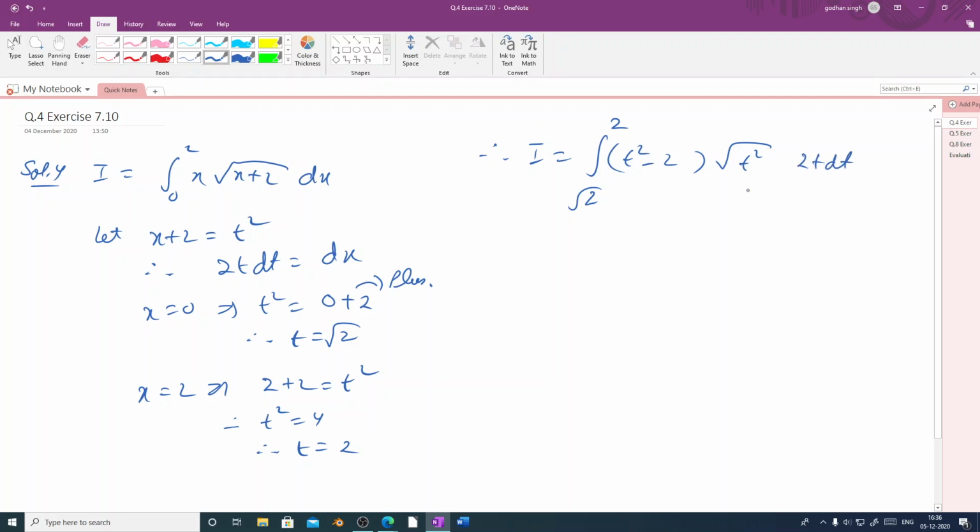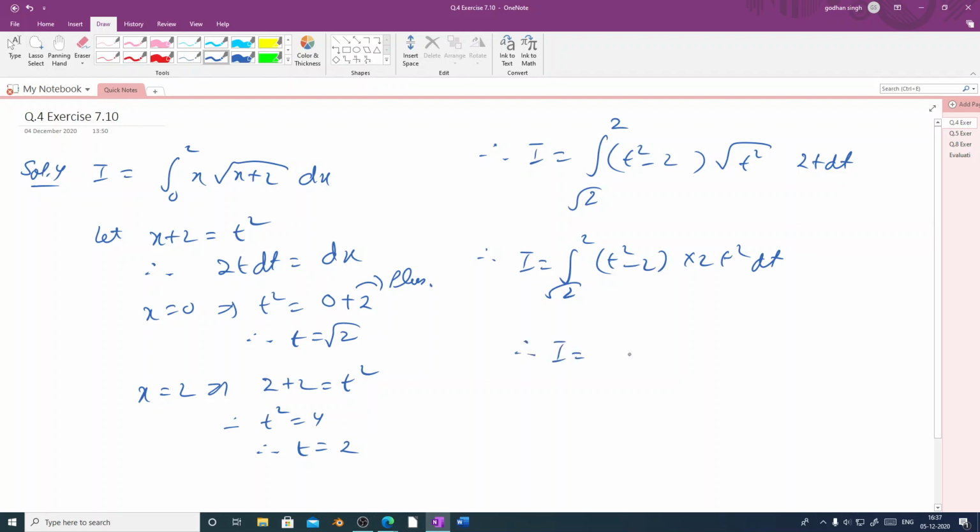Therefore I is equal to the integral from root 2 to 2 of t square minus 2, into t, into 2t, which is 2t square dt.